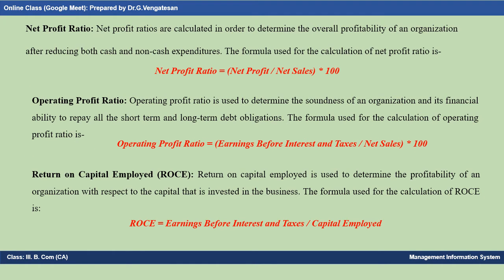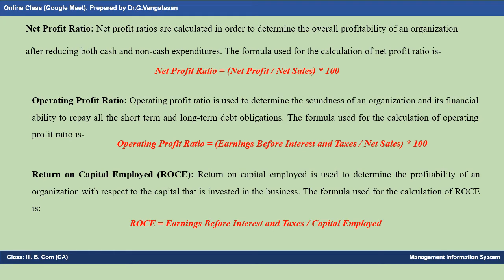Now, net profit ratio. The net profit ratio is calculated in order to determine the overall profitability of an organization after reducing both cash and non-cash expenditures. The formula used for the calculation of net profit ratio is net profit ratio equal to net profit divided by net sales into 100.